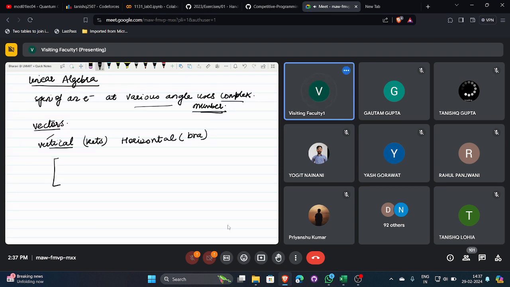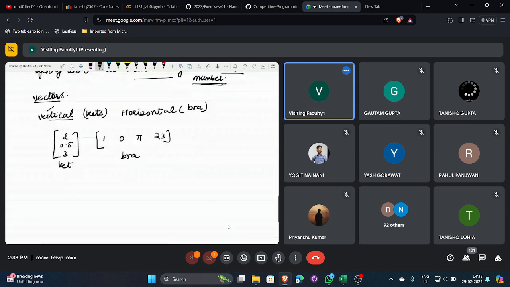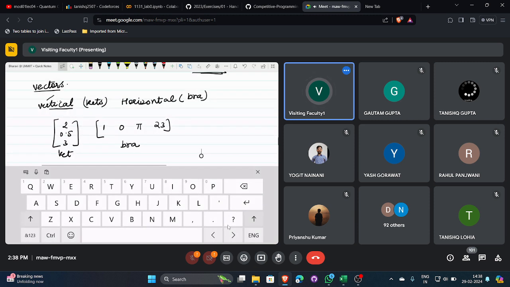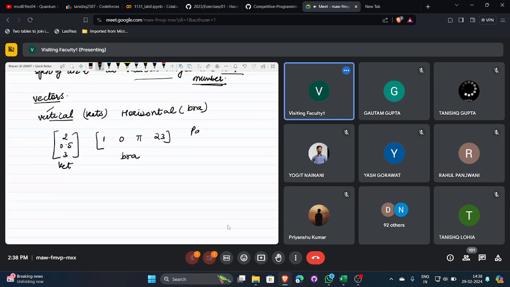So when I write it like this, it is a ket, and when you write it like this, 1 0 pi 23, it is a bra. I am just giving you first an idea, then I will go to the qubit notation. First of all, let's understand this notation in a basic form.